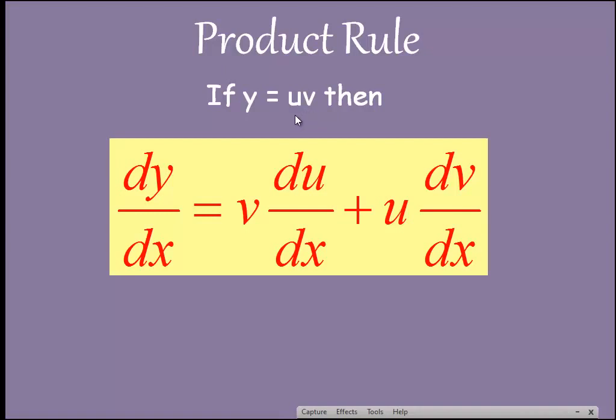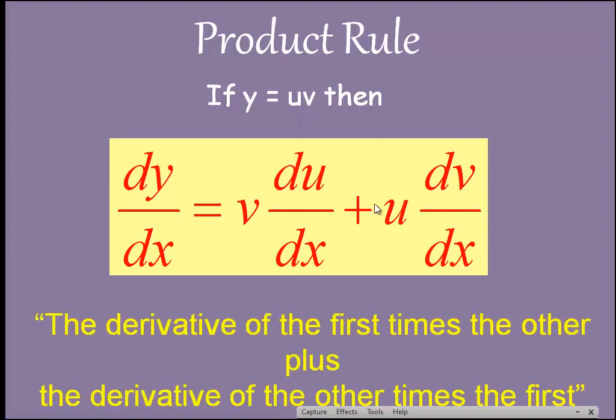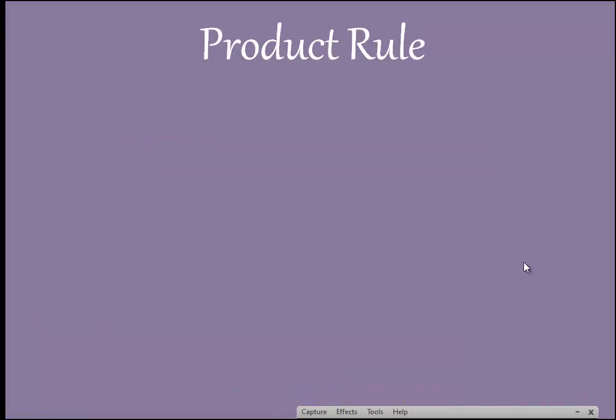So we make two substitutions, and then we differentiate u with respect to x and v with respect to x. And this is what we get. We get dy dx equals the derivative of the first, du dx, times the other, which is the v, plus the derivative of the other times the first.